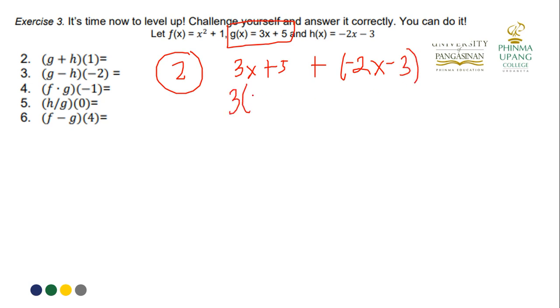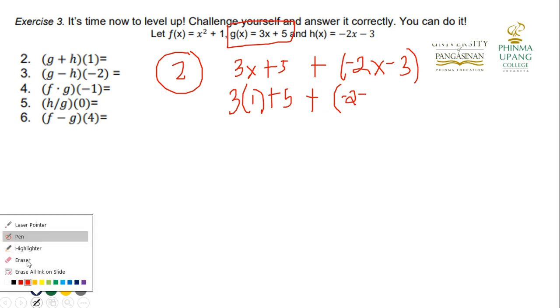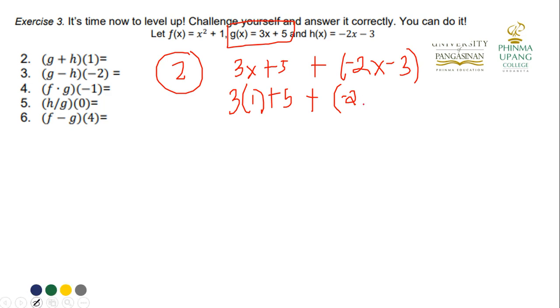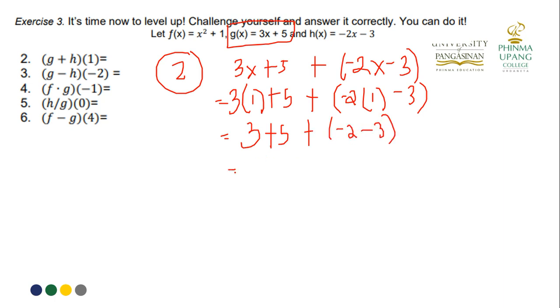So, 3 times 1 plus 5 plus negative 2 times 1 minus 3. So, this is 3 plus 5 plus negative 2 minus 3. So, what is the final answer? The answer here is 3. Gets po?